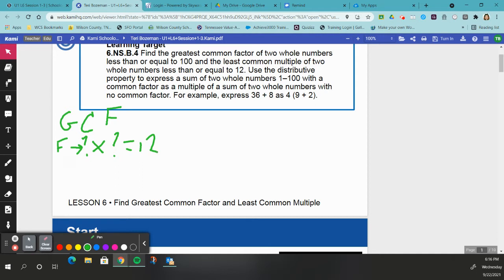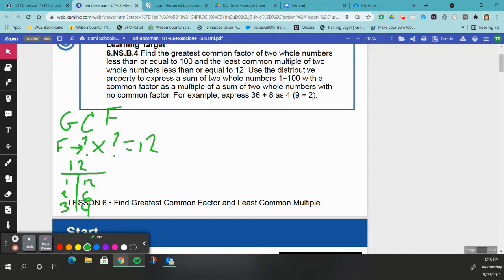So let's look at the factors of 12. If we have the number 12, we can multiply 1 times 12. We could do 2 times 6. And then we could do 3 times 4. And when we do that, those are our factors of 12.